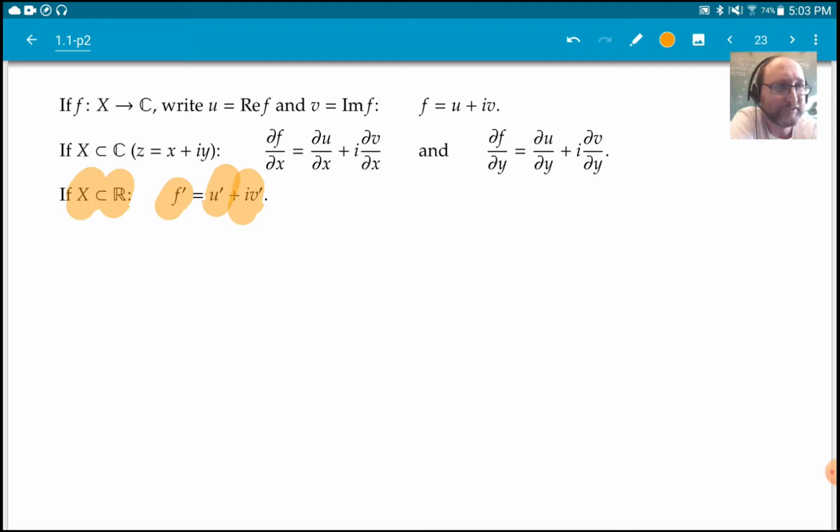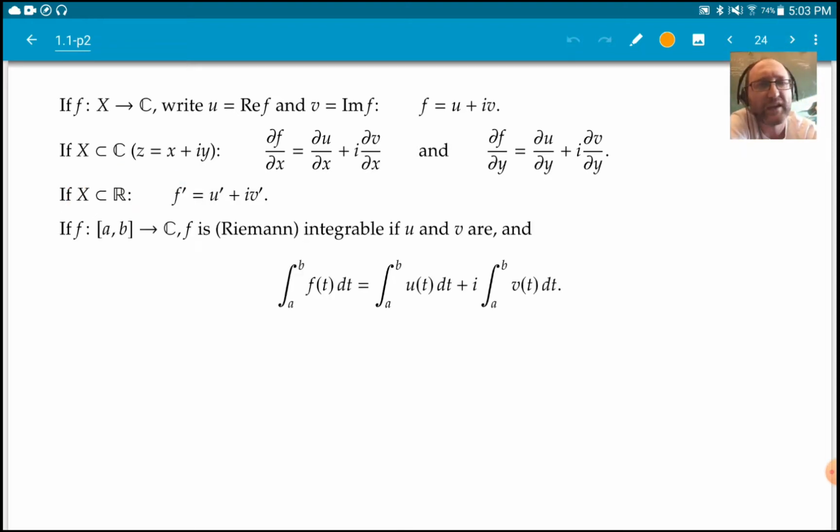Basically the same idea. We can differentiate, and we can also integrate. This is the way you integrate in any vector space. If I have a vector space valued function, in this case C, it's integrable.